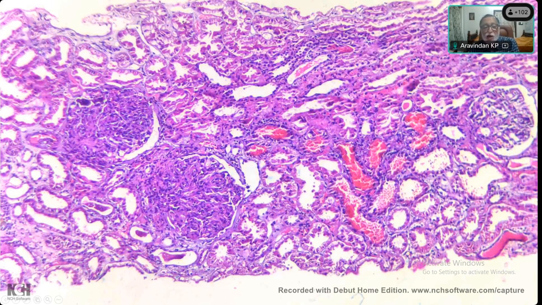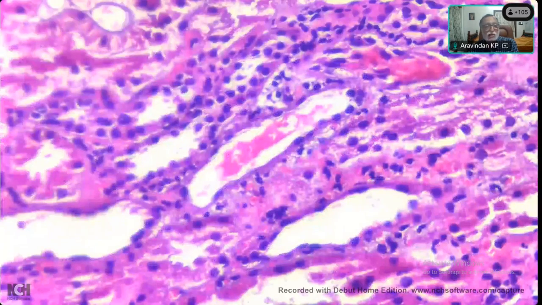Earlier, we could see the capillaries very much open in all the earlier cases, the membranous and IgA nephropathy cases that we discussed. But here, this seems to be very solid, which means that the cells inside the capillaries are also proliferating, making it a solid appearance.